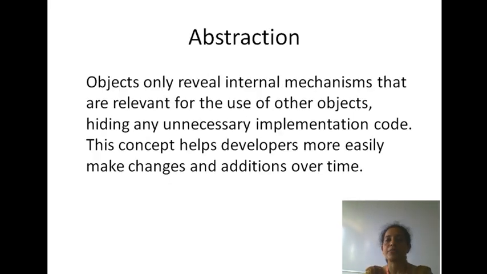Next one is abstraction. Abstraction means how we can create one object related to another object. Already we get some basic properties of C++ programming.